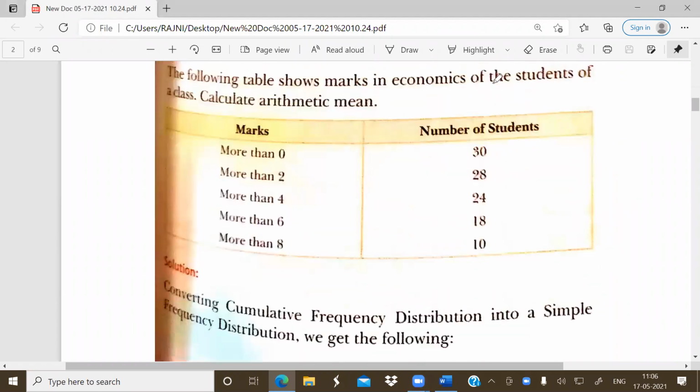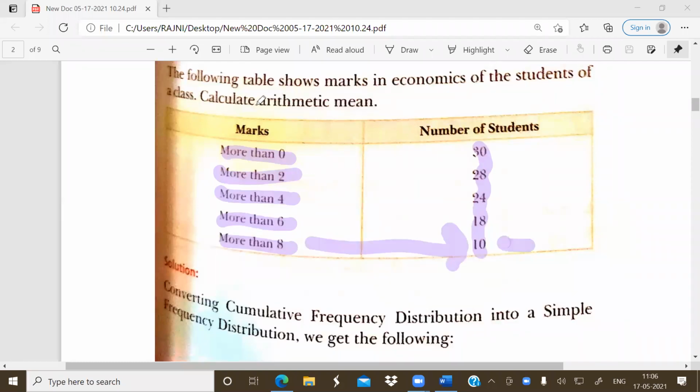Similarly, a more than series can also be given. In the more than series, the frequency will be given in descending order: 30, 28, 24, 18, and 10. In this kind of series, the last value will be similar, it means the 10 will be the same. You will deduct from below to upper.